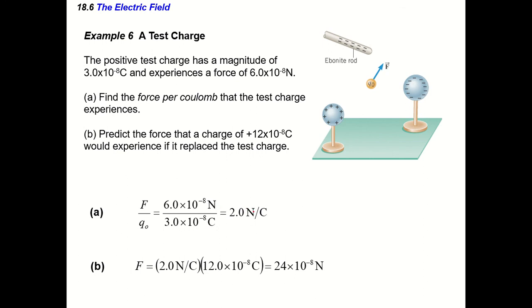Okay, and for B, predict the force that a charge of this much, 12 times 10 to the minus 8, would experience if it replaced the test charge. Assuming what this one is talking about is if we replaced this one with the result, which is this one.